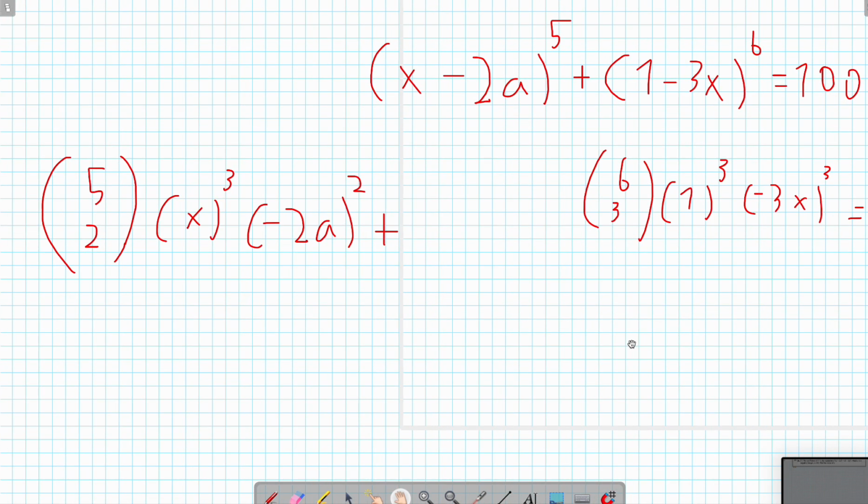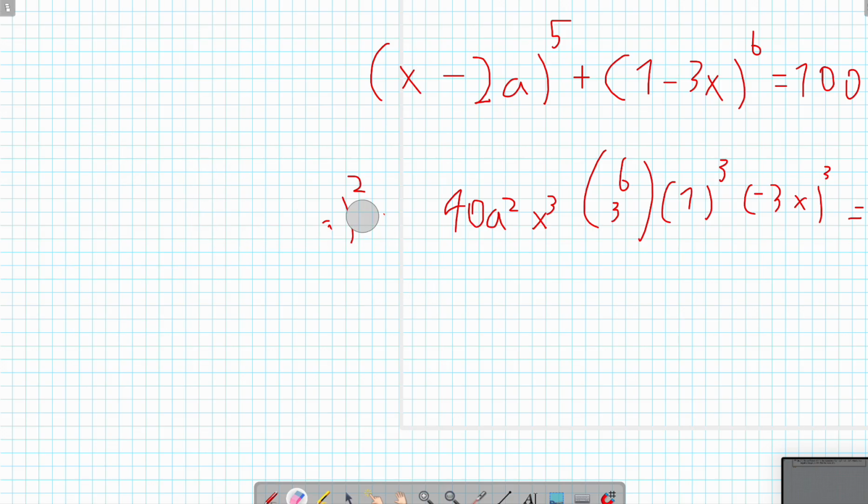So 5c2 times negative 2a, all of that squared, which is plus 40a squared x cubed. So now we can erase this and let's solve.